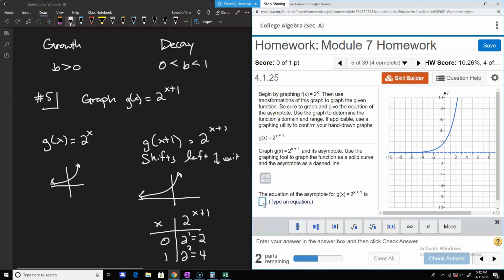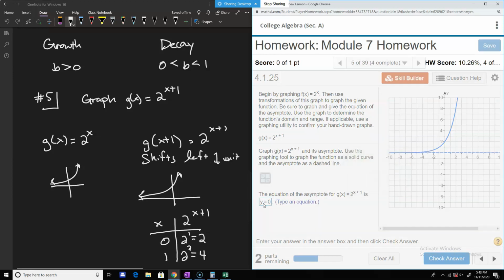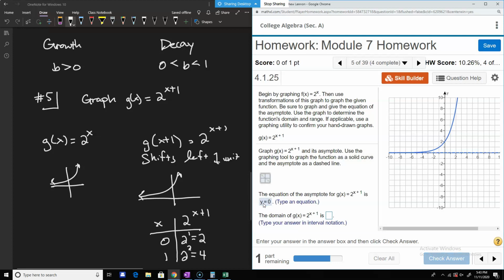Okay, the equation of the asymptote, that's a horizontal line. So that's review from linear functions. A horizontal line just has the equation y equals whatever the y value it's on is. So the x-axis is y equals 0. The domain of our function, as we talked about earlier, goes all the way to the left and all the way to the right.